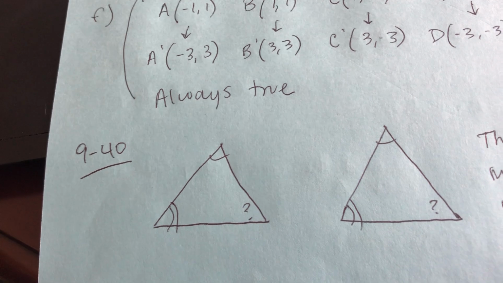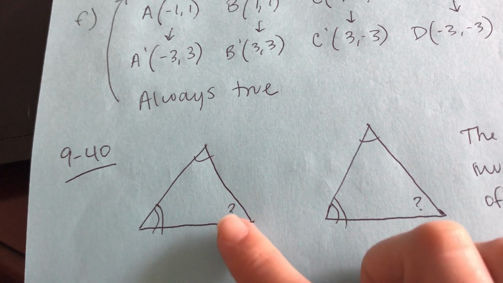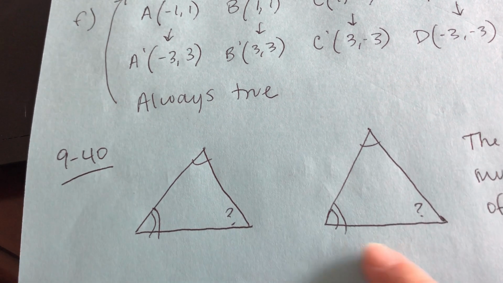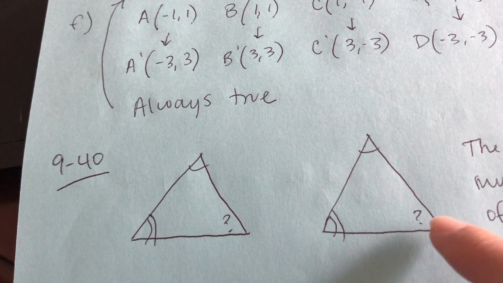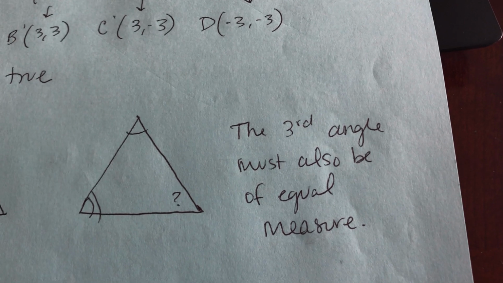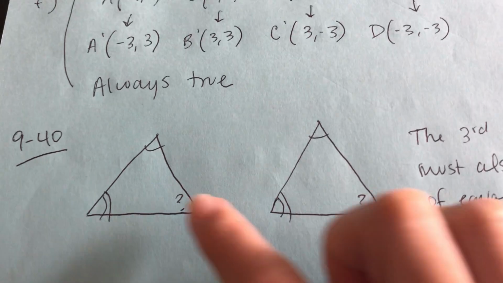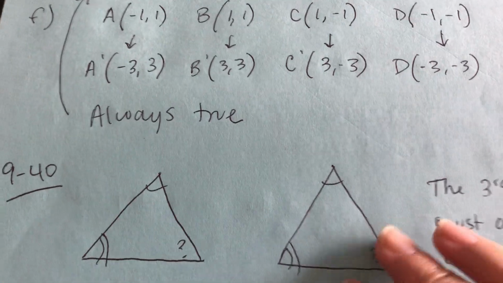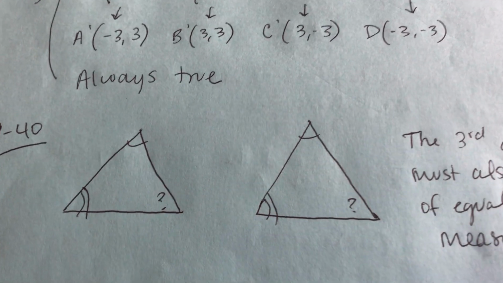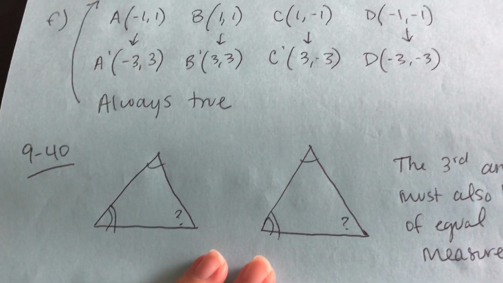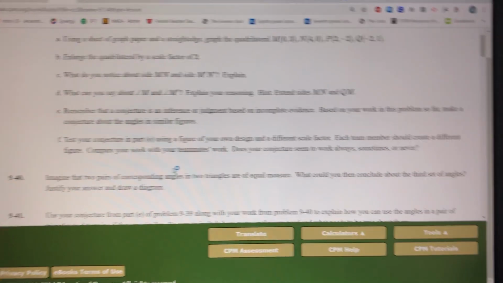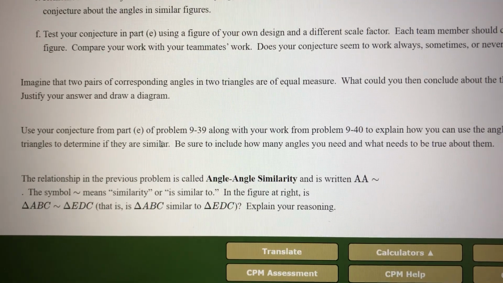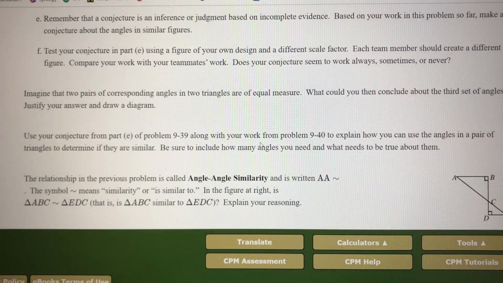So I said, well, if we don't know that third angle, say this was a much bigger triangle than this one, but the angles were still the same, the third angle must also be of equal measure to each other. So that angle and that angle would be equal to each other. Say that was a lot bigger though. I should have made it a little bit more different. That's okay.